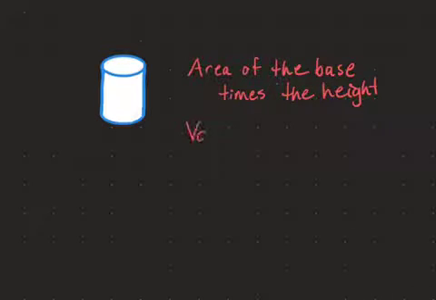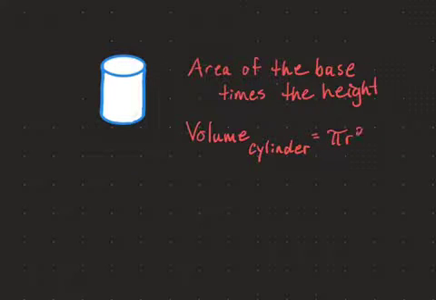So the volume of this cylinder, and here's something you can do, you can indicate which volume it is by putting a little subscript there just to tell everybody the volume of this cylinder is equal to the base, which was a circle, so the area of the base is pi r squared, times the height.